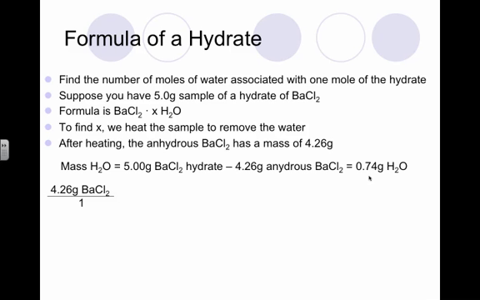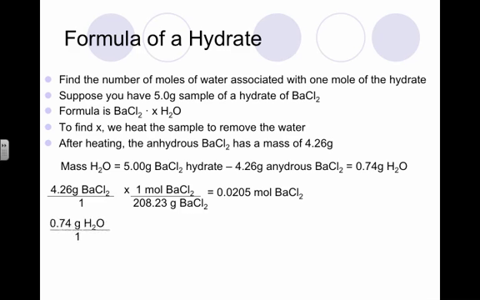Now we have our grams of BaCl2, and we convert this to moles by finding the molar mass of BaCl2. When we do this, we get 0.0205 moles of BaCl2. Now we're also going to find moles of water. We multiply by 1 mole over the molar mass of water, giving us 0.041 moles of water. That's how much water was removed when we dried it out.